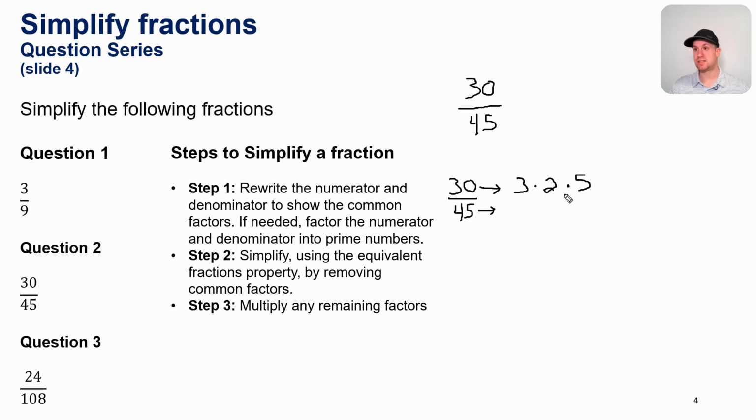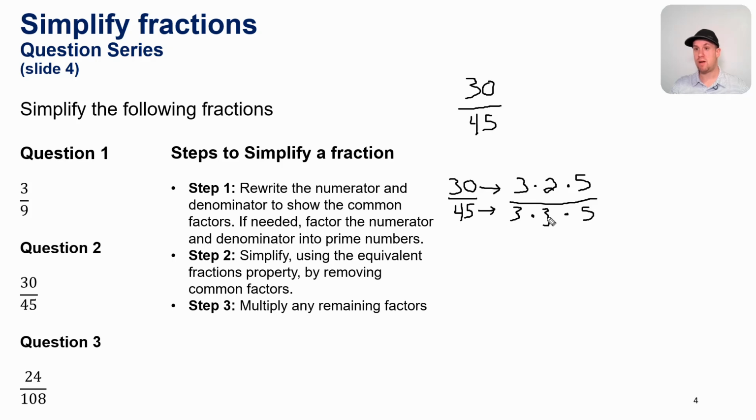So 3 times 2 is 6, 6 times 5 is 30. And then 45 can be written as 3 times 3, which is 9, times 5 at the end.